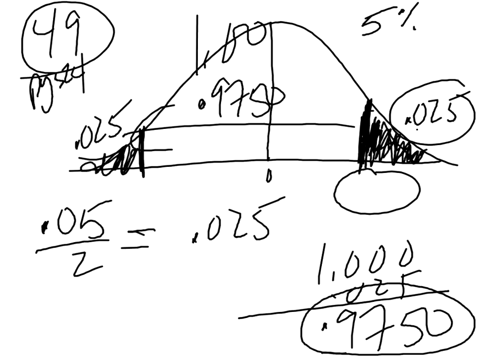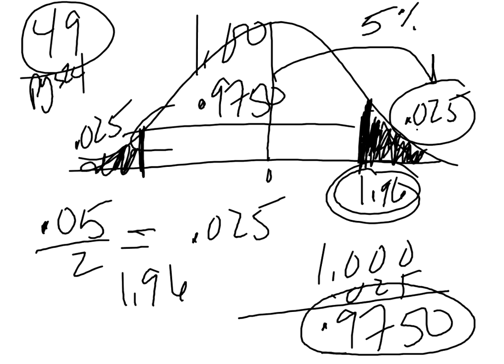So when we go look for 0.9750 in the positive z-table, we end up with 1.96. Again, the area to the left of 1.96 is 0.9750, so 1 minus 0.9750 equals 0.025. So if our positive z-value is 1.96, then our negative z-value will be its opposite, minus 1.96.